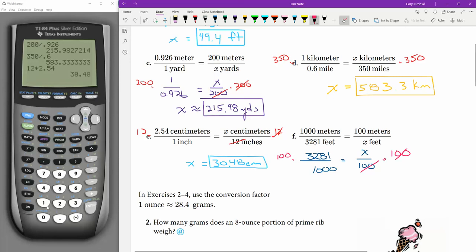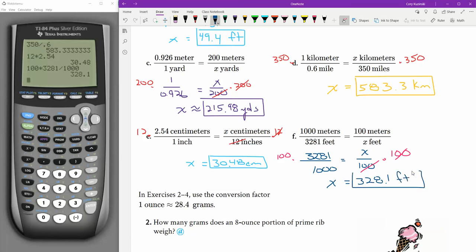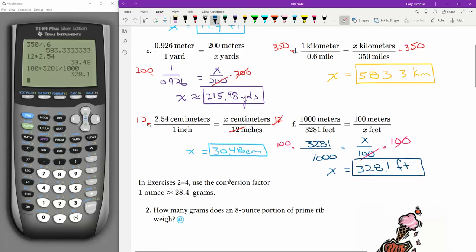And we'll type this into the calculator. 100 times 3281 divided by 1,000 is 328.1 feet. All right, moving on.